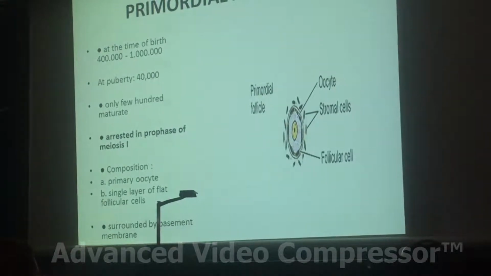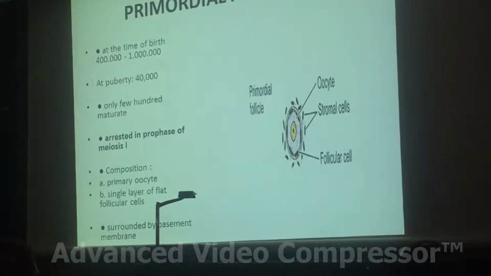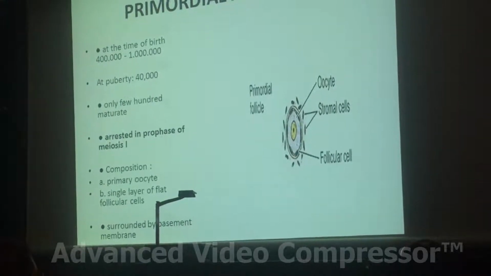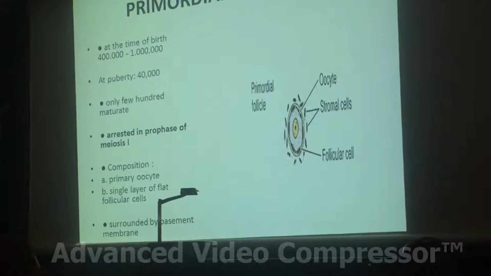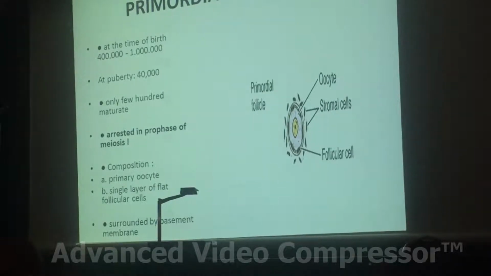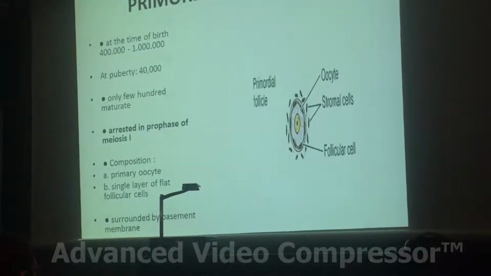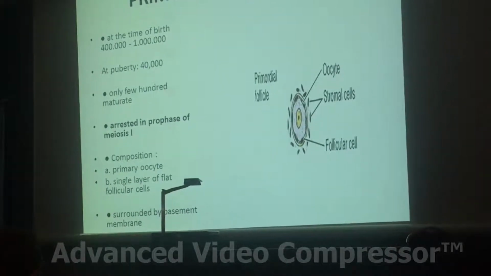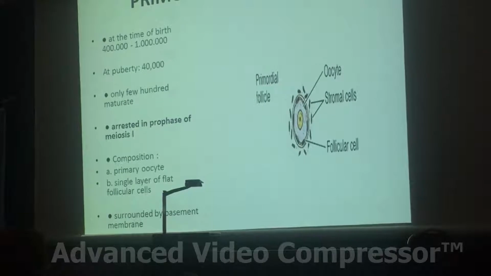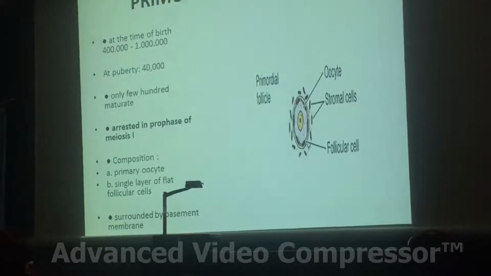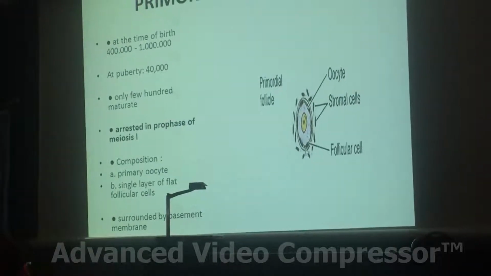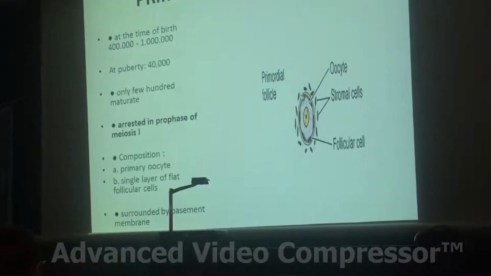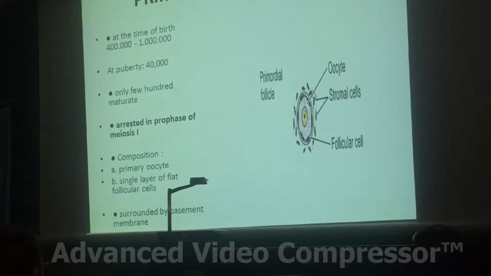The stages of meiosis: prophase, metaphase, anaphase, etc. But even before birth, the ovary does in fact contain primary oocytes that are arrested in which stage? Prophase of meiosis 1. Each one of these oocytes will be surrounded by a layer of flat epithelial cells. Beneath these flat epithelial cells, there will be a basal lamina to separate them from the stroma of the ovary.